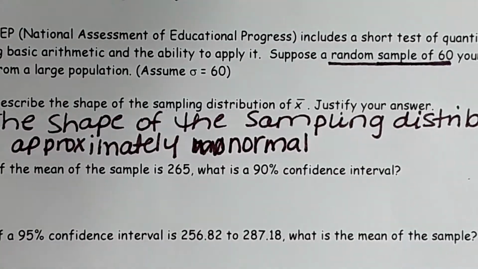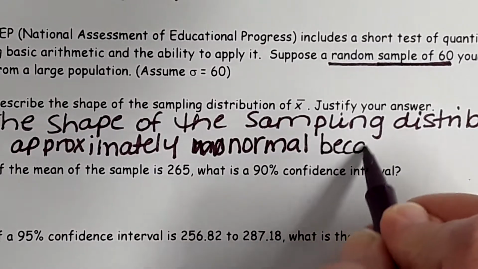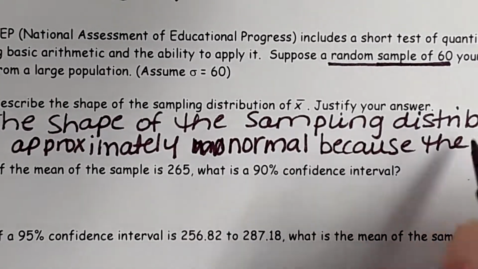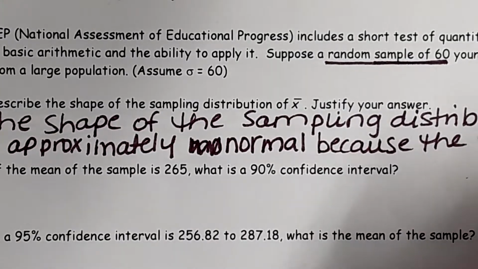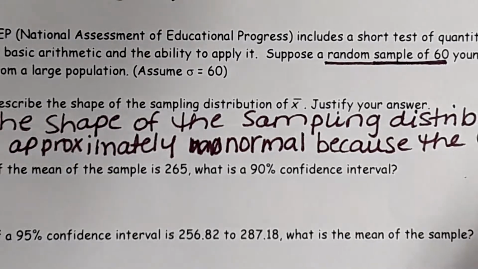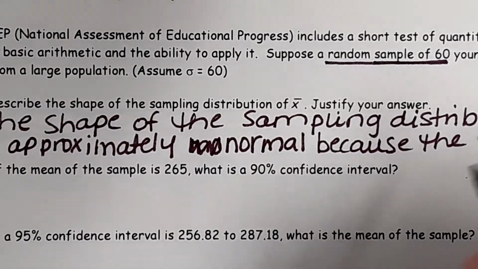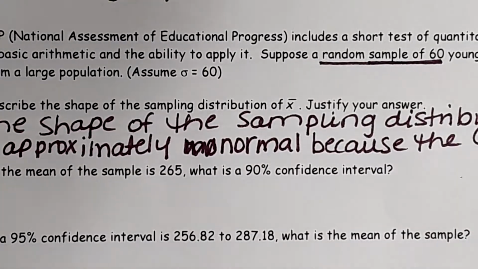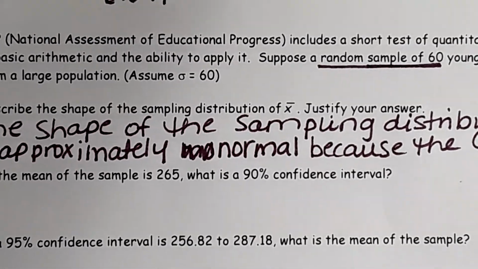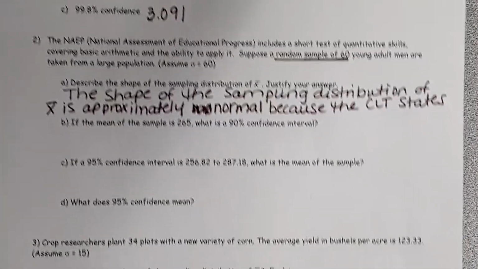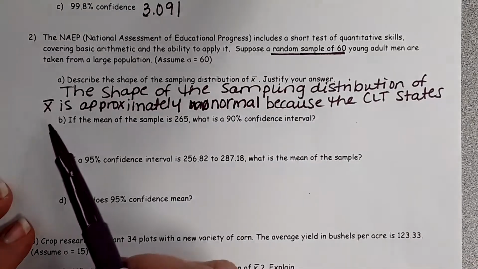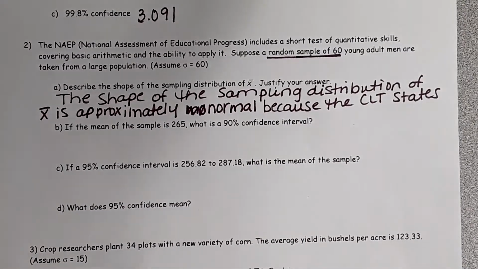Why? CLT says that if your sample size is bigger than 30, then it's normal. So the shape of the sampling distribution of X bar is approximately normal because the CLT states that if our sample size is sufficiently large, ours is 60, then our sampling distribution is approximately normal.